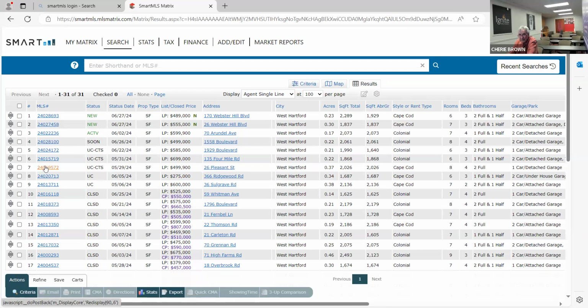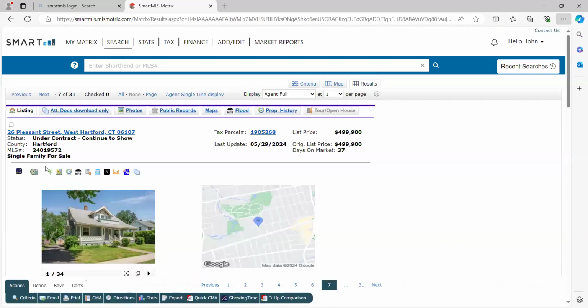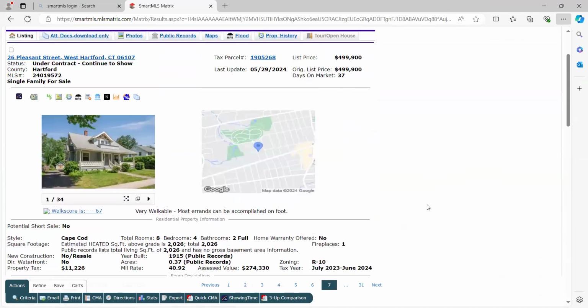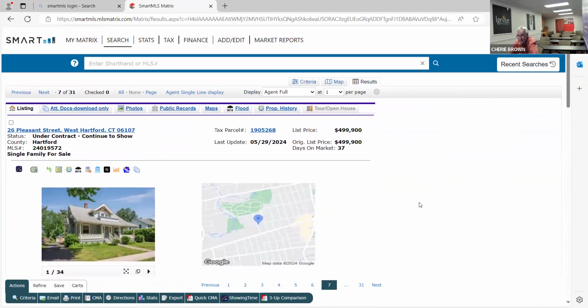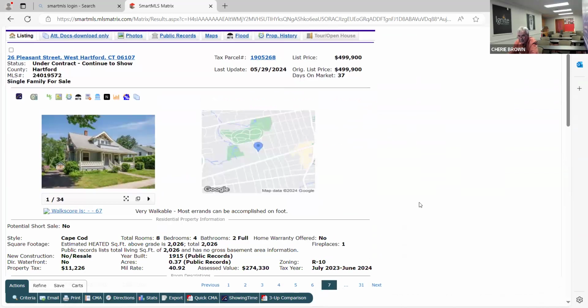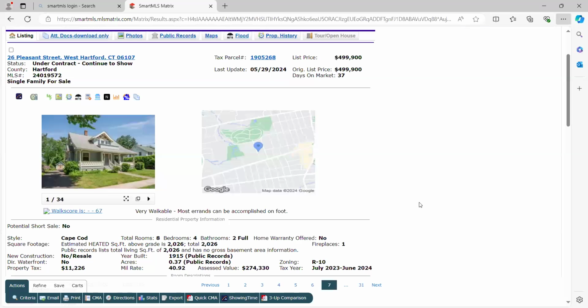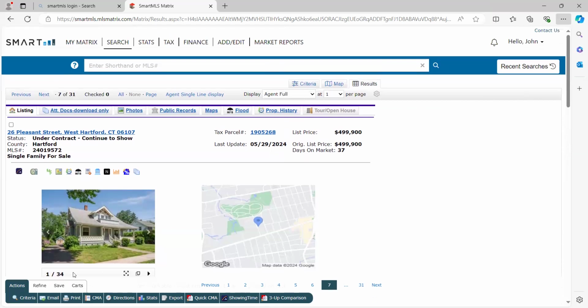Yeah, Pleasant is the street over from Walden. Also a Cape Cod, but we've got 2,000 square feet, so slightly larger. It has the same number of rooms, and a second full bath versus a half bath. A bit larger yard for sure. Built 10 years old.